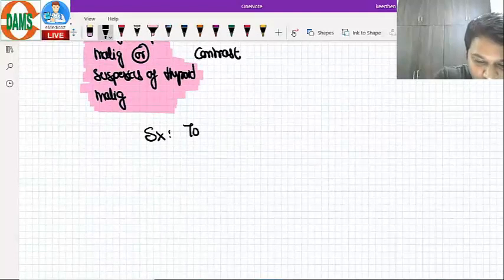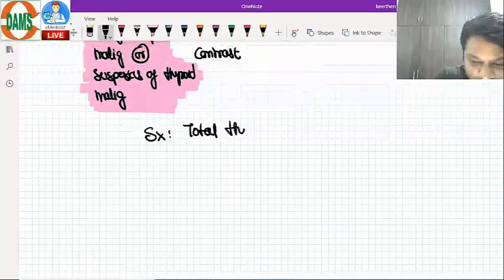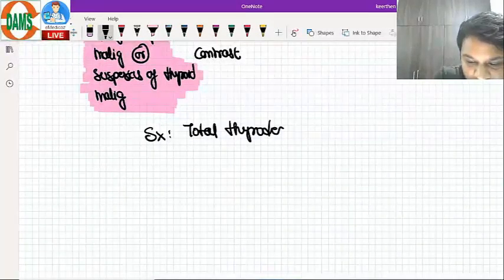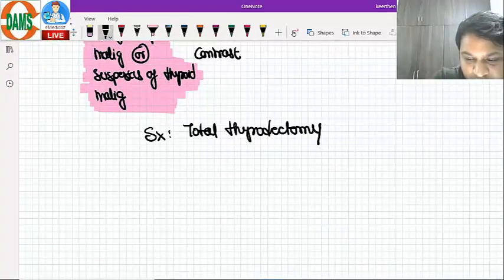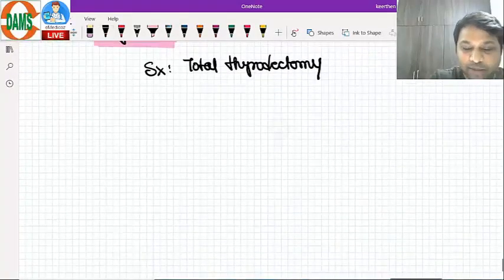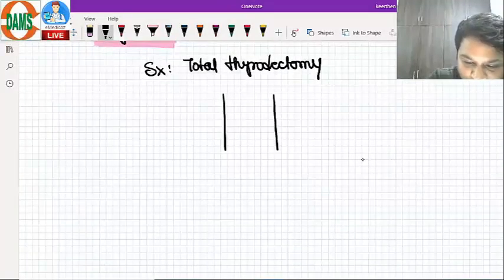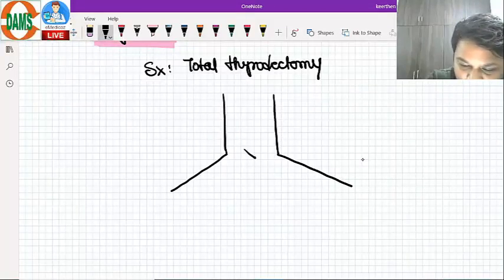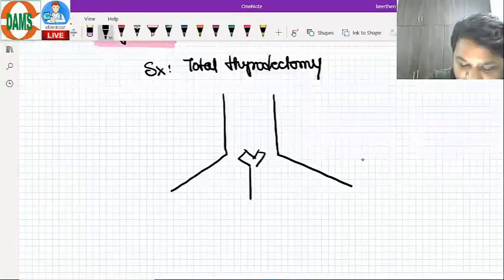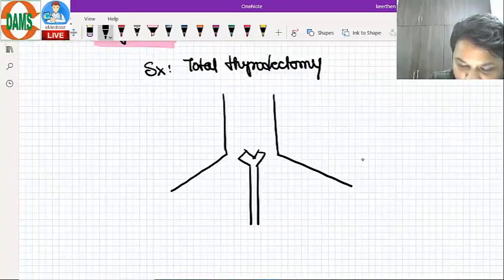Surgery is total thyroidectomy. The debate point is, where would be your incision? If you have a retrosternal goiter, where would you like to put the incision?